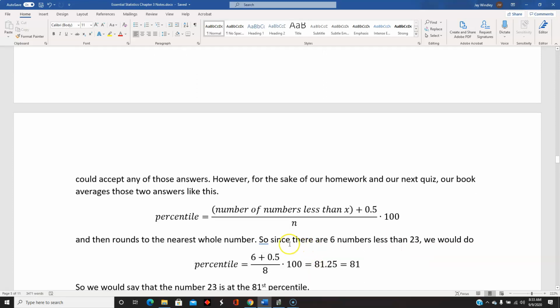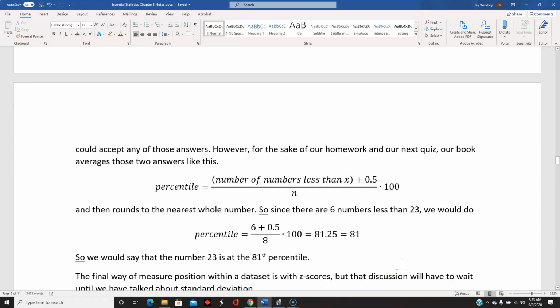So in our case, there's 6 numbers that are below 23. You add a half to the 6, and you divide by the number of numbers, which is 8, and you multiply by 100. This gives you 81.25. You round that off to the nearest whole number, 81. So we would say that the number 23 is at the 81st percentile.